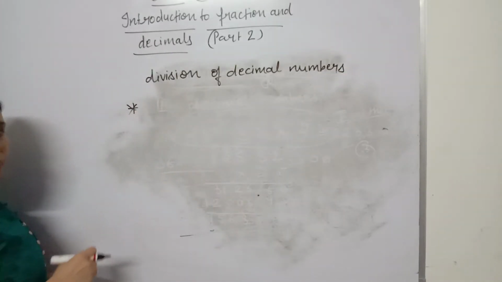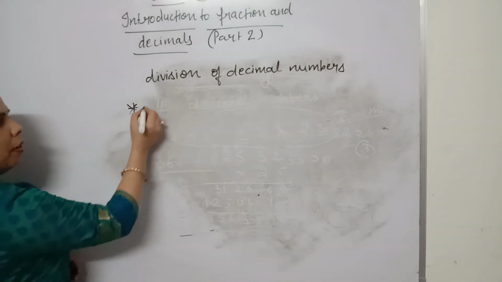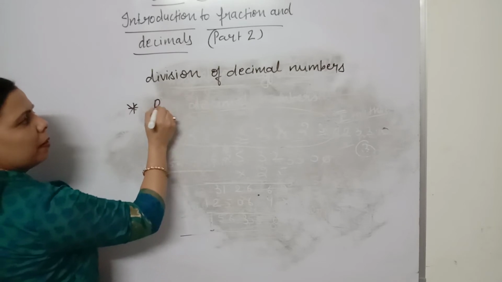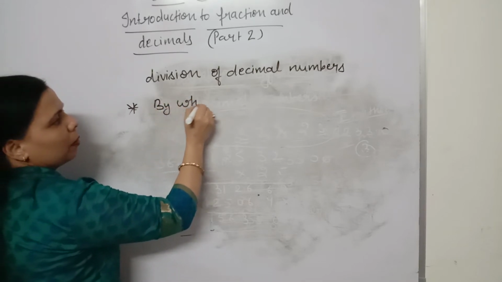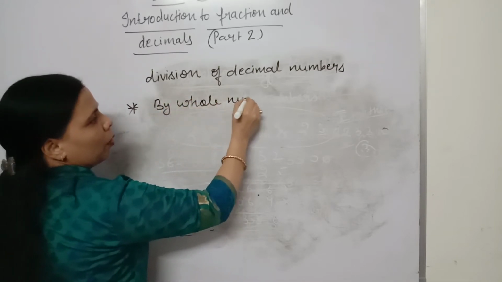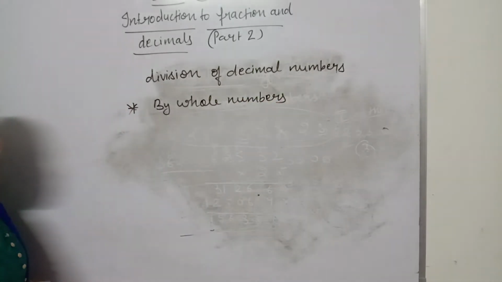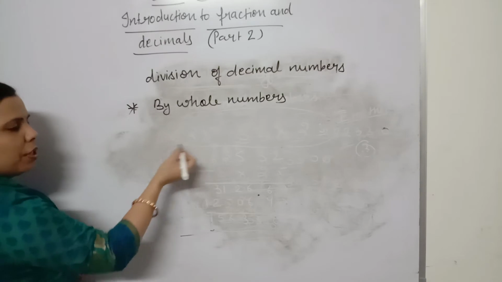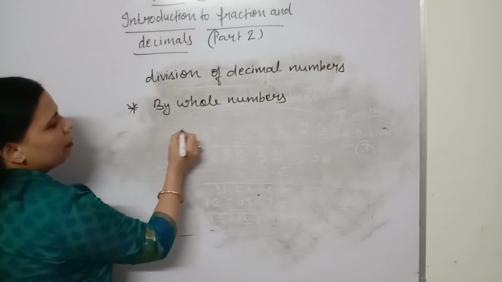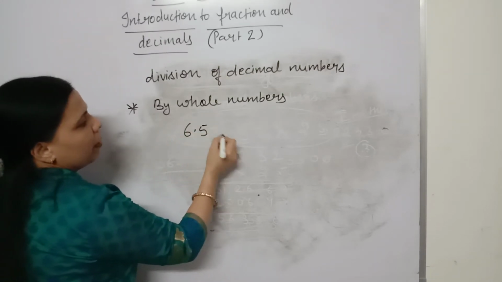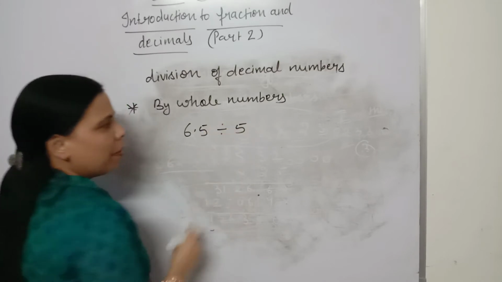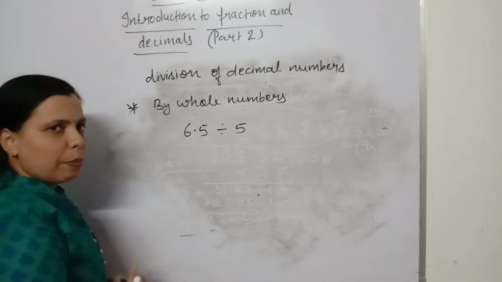Now same thing again. First of all, decimal division by whole numbers. So how are we going to do this? You just choose any decimal number here. For example, 6.5 divided by, suppose 5, I am taking very friendly number, you can say.